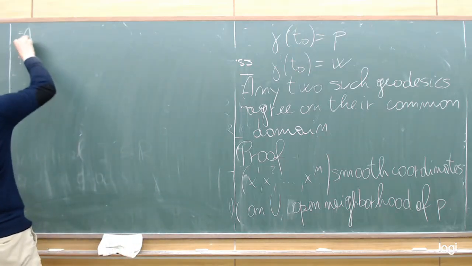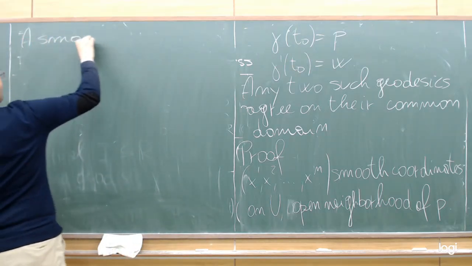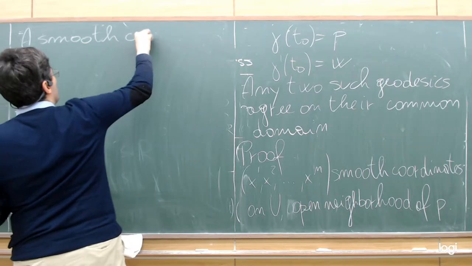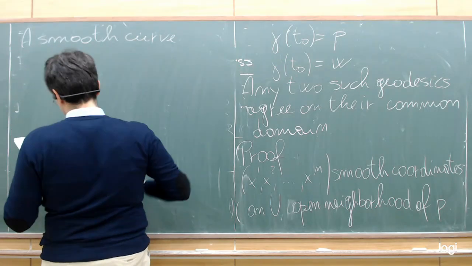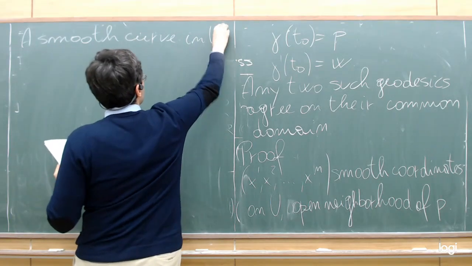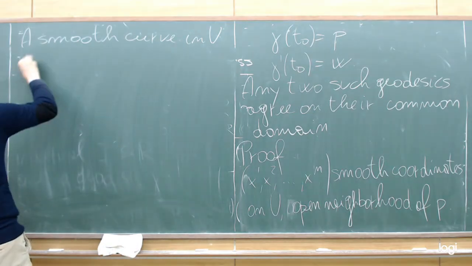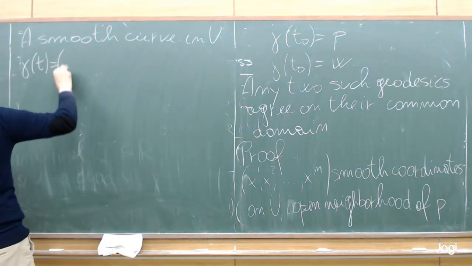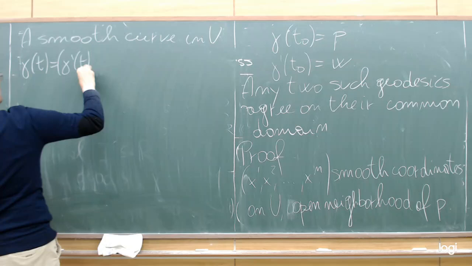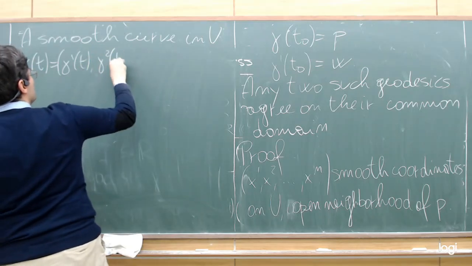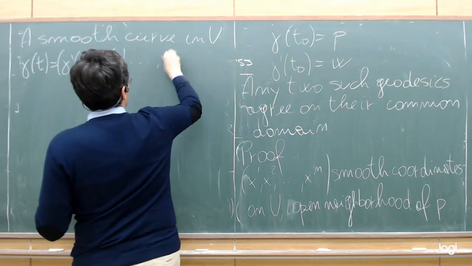So a smooth curve in U can be written as gamma 1(t), gamma 2(t), gamma n(t).